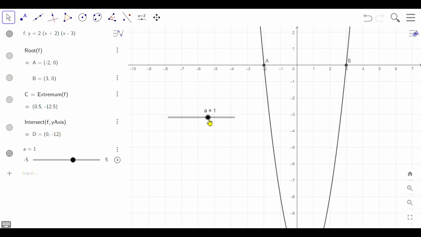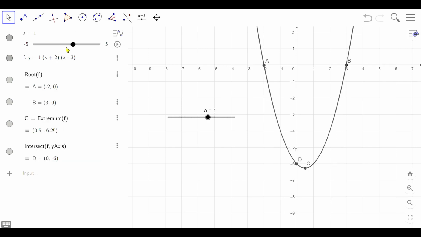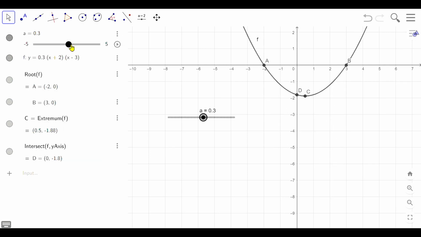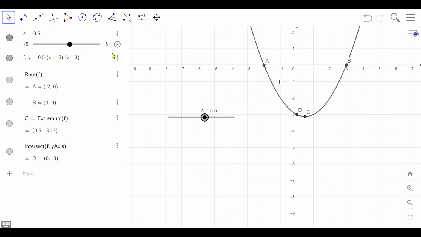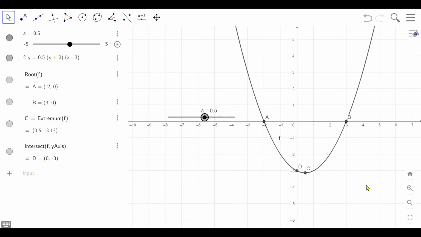So I have here a slider. That would be our a. I'll change this to a. And as I change the value of a, look what happens to the parabola. It also changes. But the intercepts are the same, (-2, 0) and (3, 0).